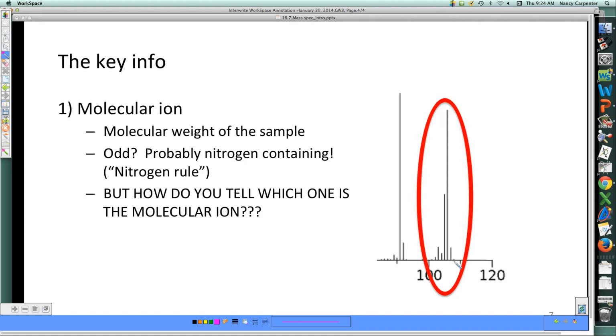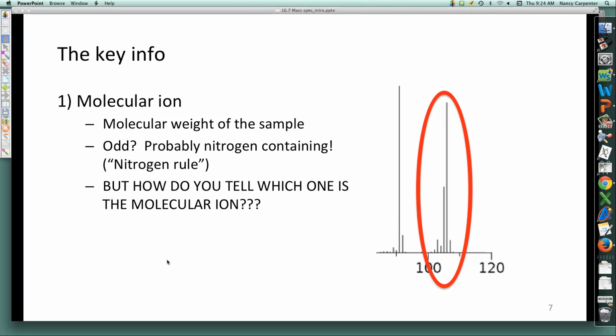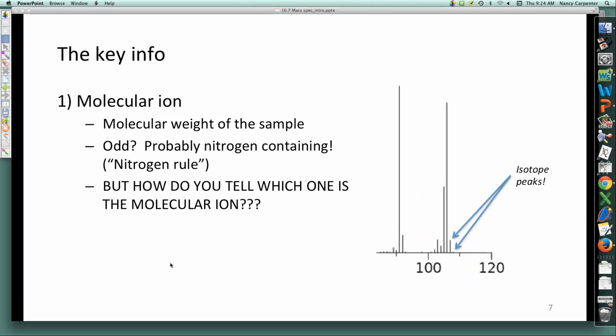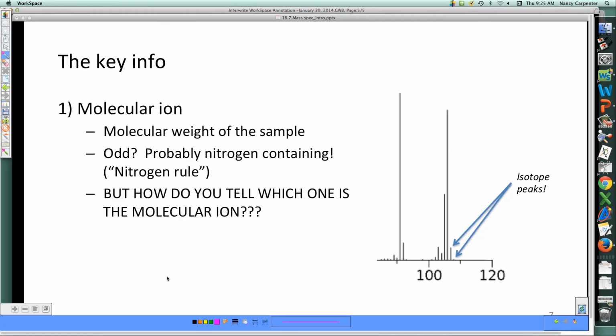It would seem to stand to reason that the highest molecular weight would be your molecular ion, and that reason would be incorrect because those are isotope peaks, which we'll talk about in a minute. So, in a very unsatisfactory definition, the molecular ion peak is that guy that's kind of the largest peak furthest to the right in the mass spectrum that has the little tiny M+1 and M+2 isotope peaks to the right.